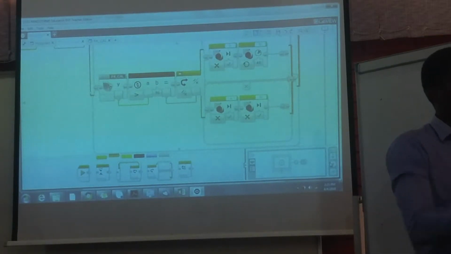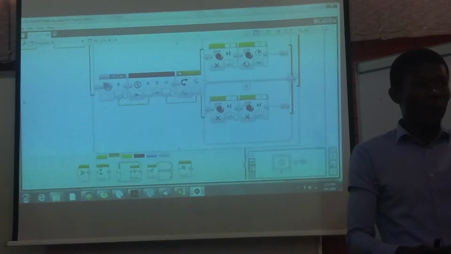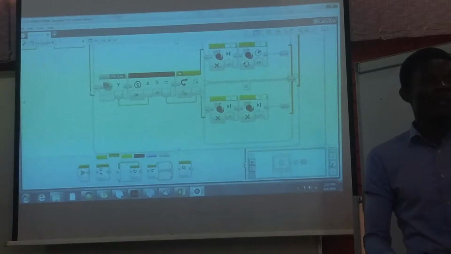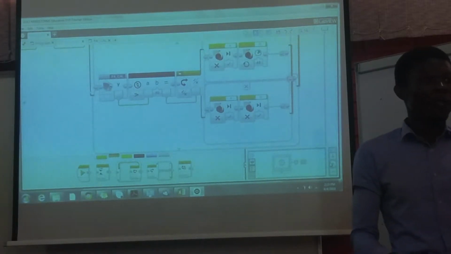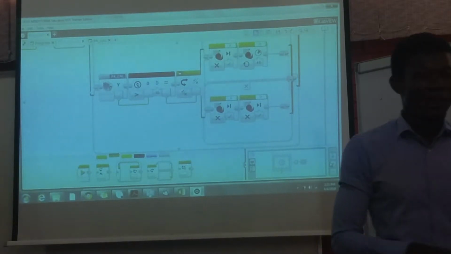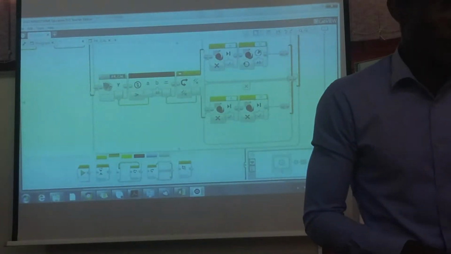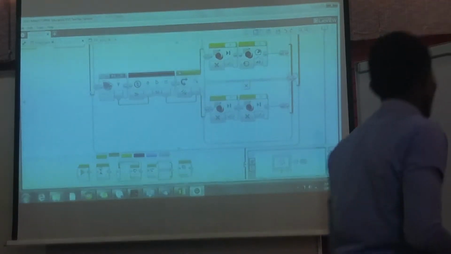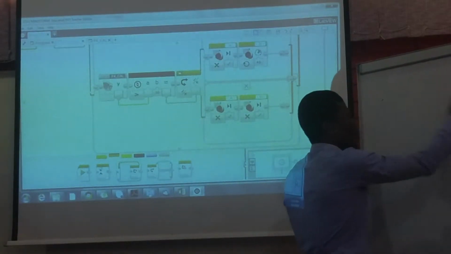So remember, the outside one will have 5, and for each of the outside one, the inside one will have 5. So 5 by 5 by 5. That's a lot of control you can have for these two light sensors. I follow it. I'm not going to get myself into that mess right now. I only want you to know the possibilities.